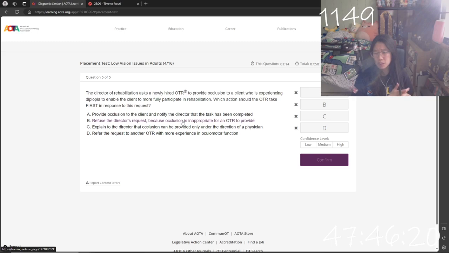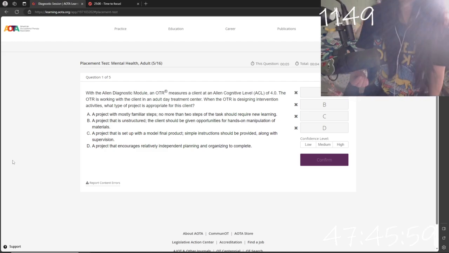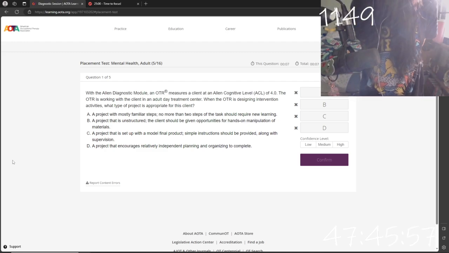I don't really know what occlusion is, but I think it has to be under the direction of a physician. Yeah, confidence level low. Okay, I'm gonna stand. I need a break.